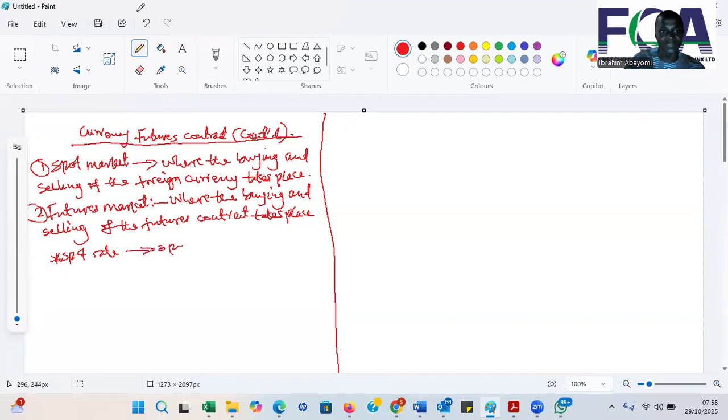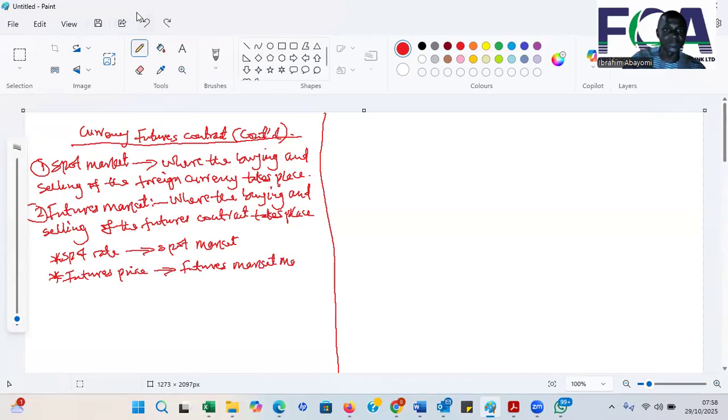That's for the spot market. We have the futures price for the futures market.